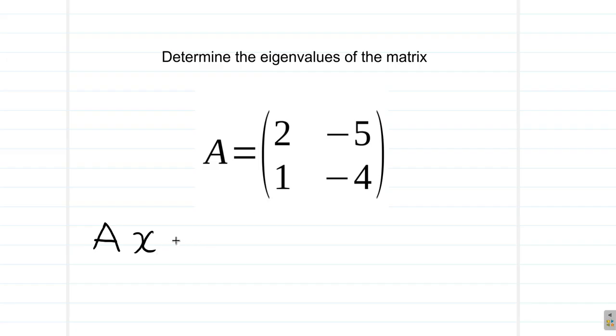X is not the value, x is the vector. This matrix A multiplied by its own vector, its eigenvector, is equal to the eigenvalue of the matrix, which is lambda, times its own vector.